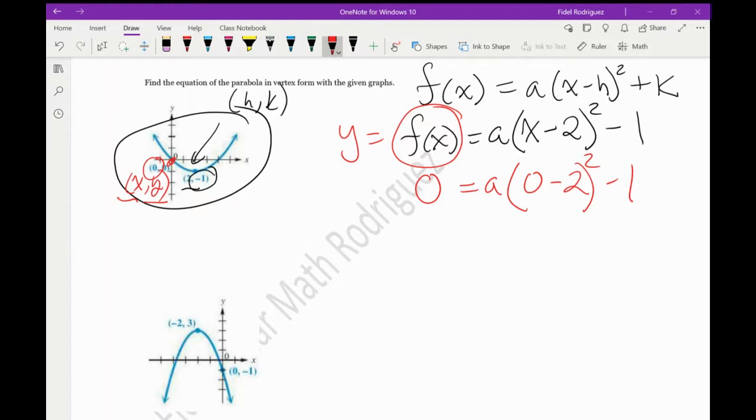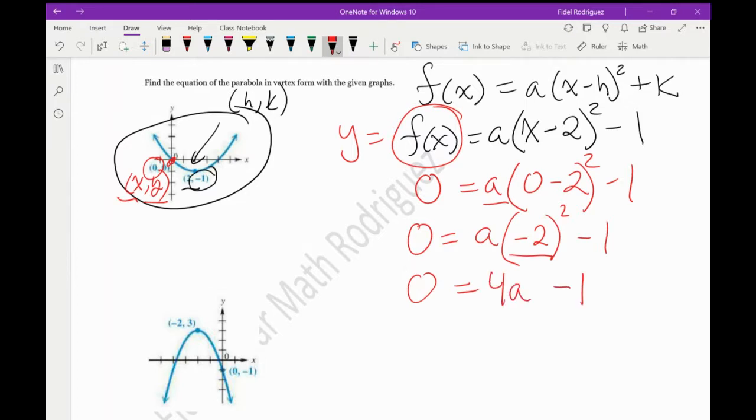So what I need to do now is find the value of my number a. I'm going to leave this 0 alone right here. 0 minus 2 is a -2, squared, minus 1. -2 when I square it is going to give me a +4, minus 1.